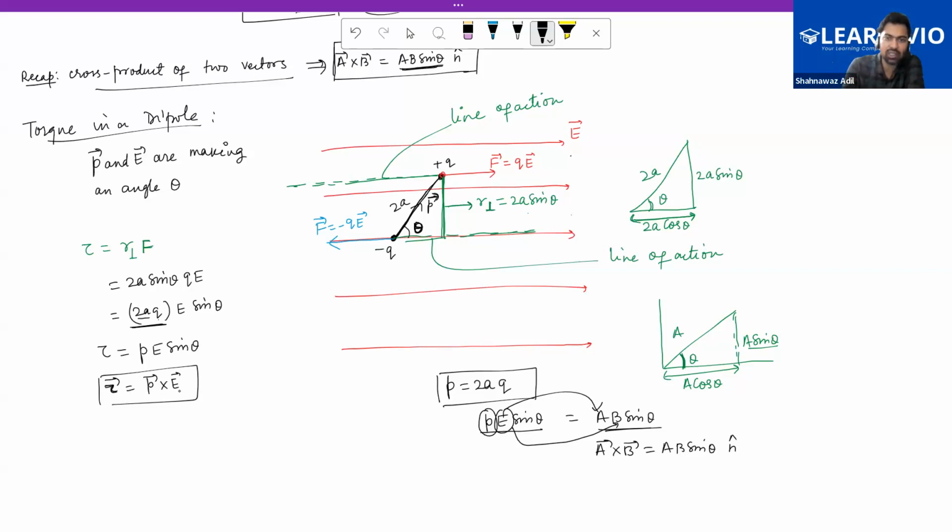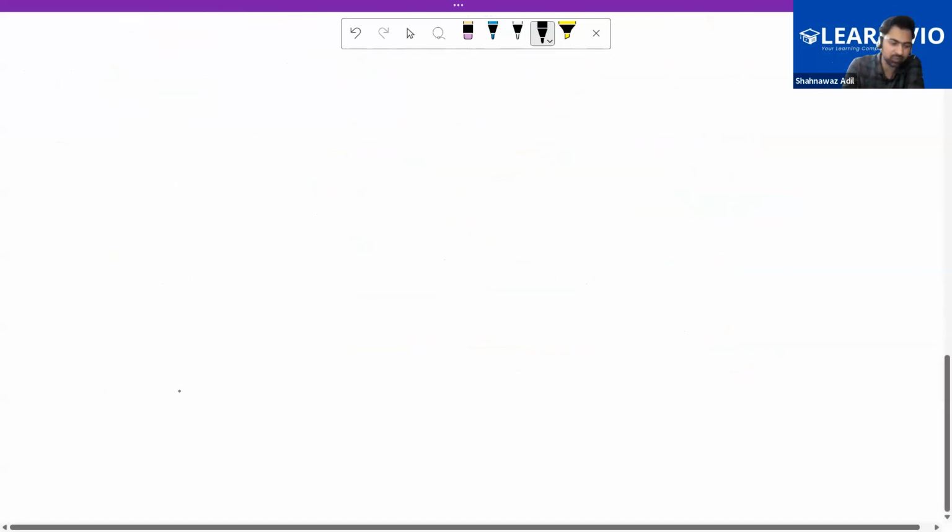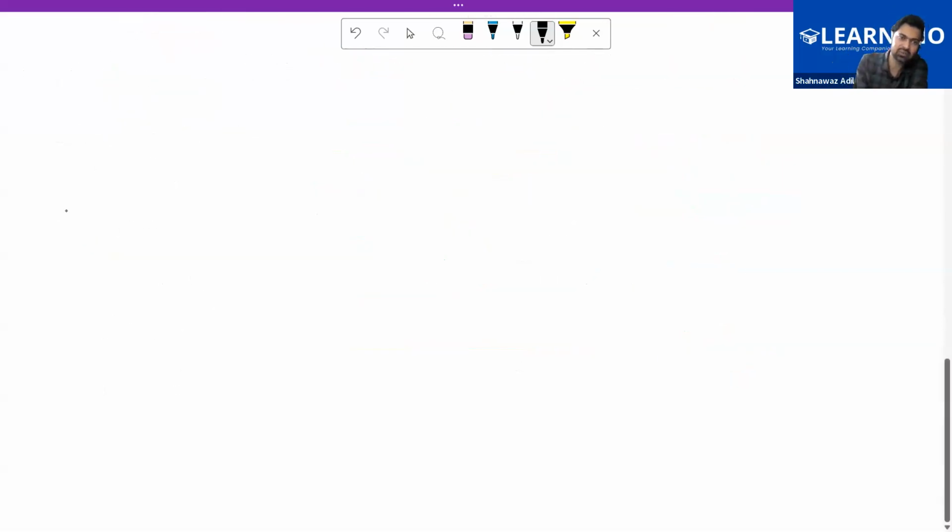Okay, so we have understood that the torque in a dipole is the cross product of the dipole moment and the electric field. Right? This we have understood. So you see that there are special cases for the torque in a dipole.